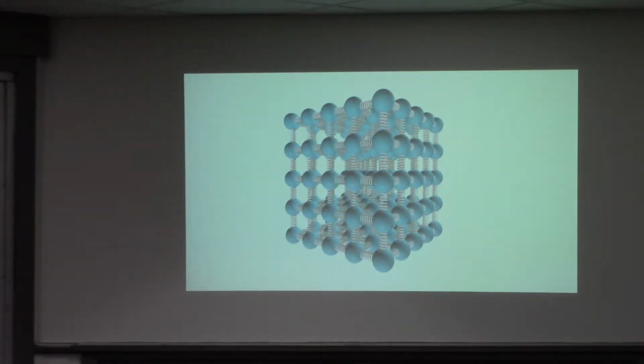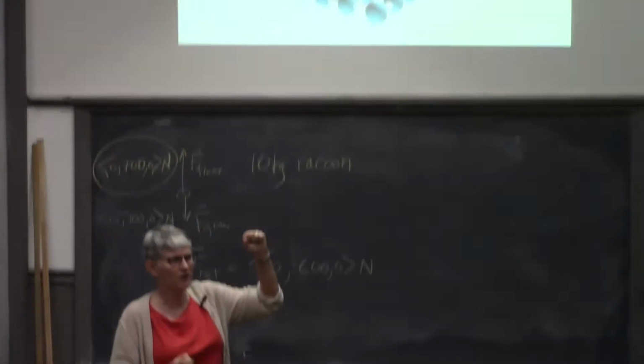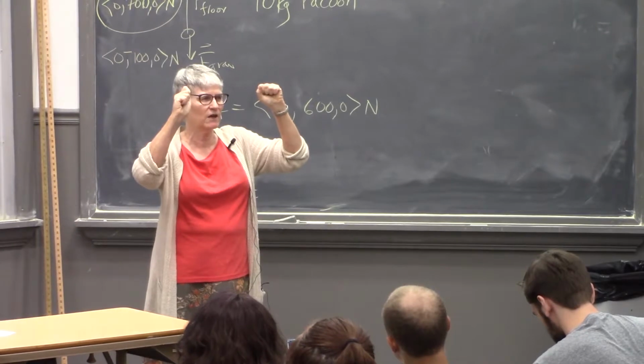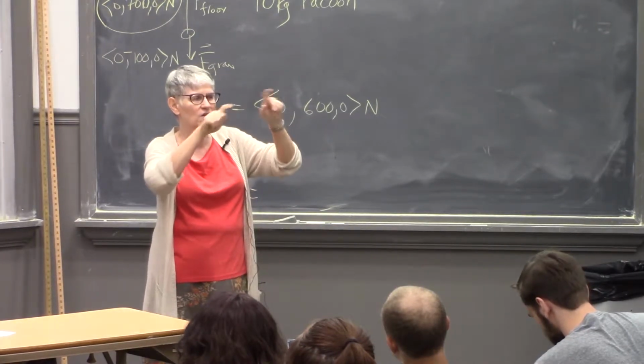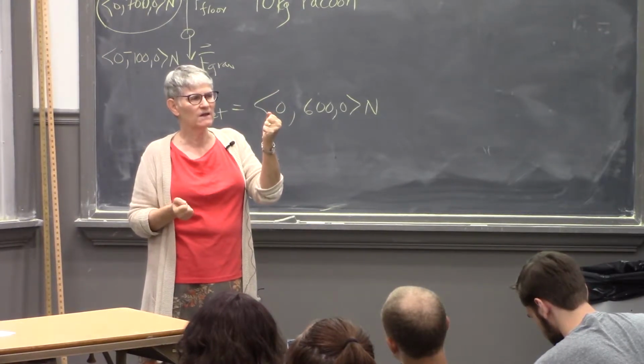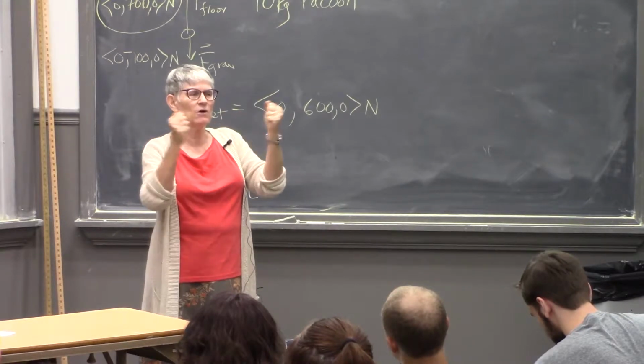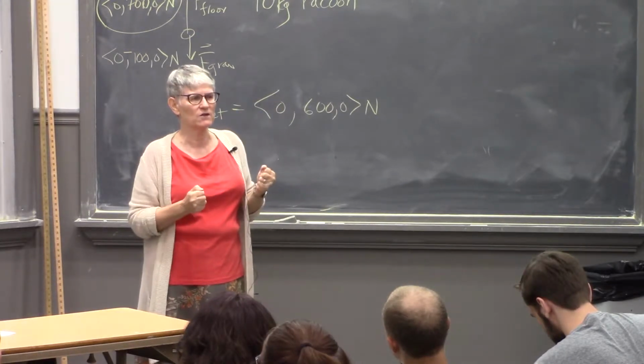We're going to make a model of this solid object as if the atomic nuclei, the little massive tiny nuclei, and the inner electrons were little balls, and the chemical bonds were actually springs.